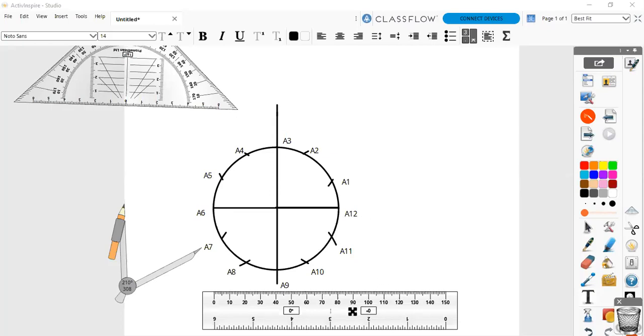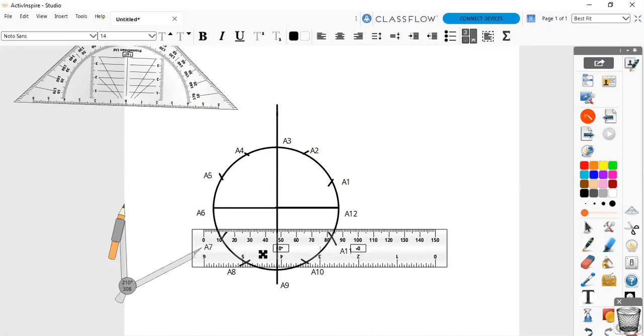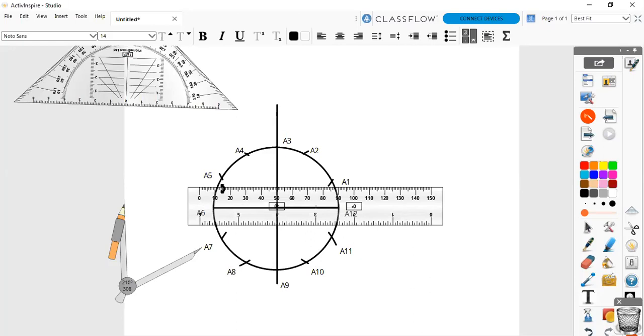After drawing it, what you need to do is join each and every point which we have marked with the help of this compass with the center by using this ruler. You can use this ruler to draw the joining lines like this.